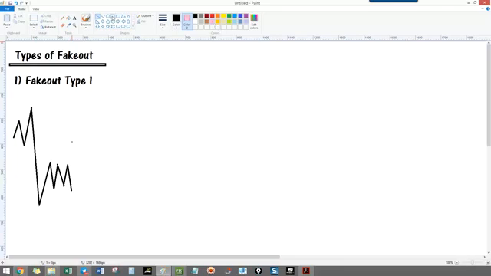This is your supply zone, and this is your fake out, your resistance spikes. Type 1 fake out is a resistance spike.